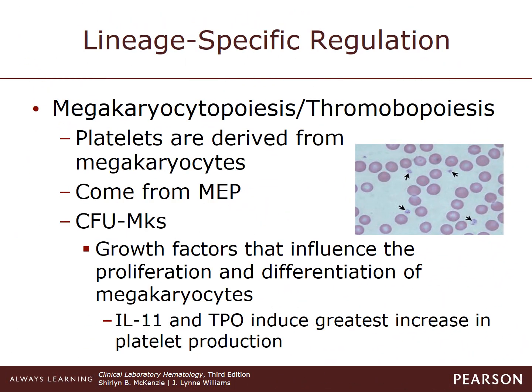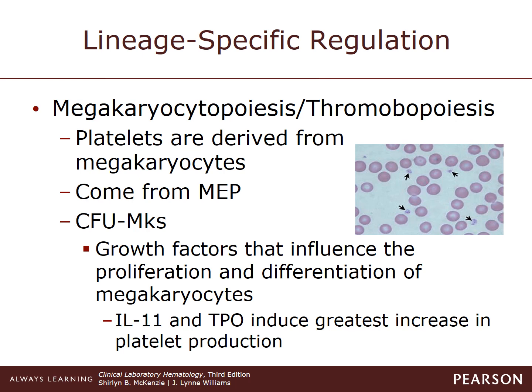Megakaryocytes, or thrombopoiesis, the making of platelets, are derived from megakaryocytes and come from the precursor of the megakaryocyte-erythrocyte progenitor. They have colony-forming units specific to platelet production and growth factors that influence the proliferation and differentiation.